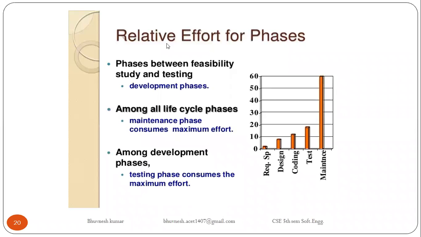In the next slide there is a diagram: among all the life cycle phases, the maintenance phase consumes maximum effort. Here is a bar graph showing the maintenance phase takes more effort than the previous phases, because there is no option of feedback from the previous phases.